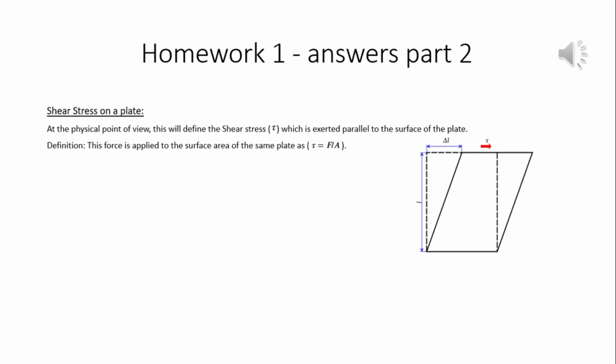We know that the margin of safety is the material allowable in shear, the shear stress allowable, divided by the applied shear stress. The applied shear stress is tau, which is equal to the load divided by the surface.